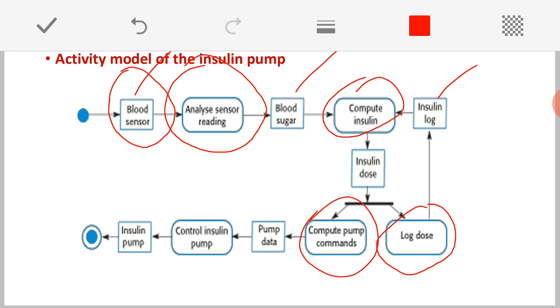That is the reason the diagram is called an activity model. Also, every time whatever amount of dosage we have given will be entered into this log dose, just do remember. Here we record the amount of dosage being given, even previously also. So that will always be maintained, just do remember.